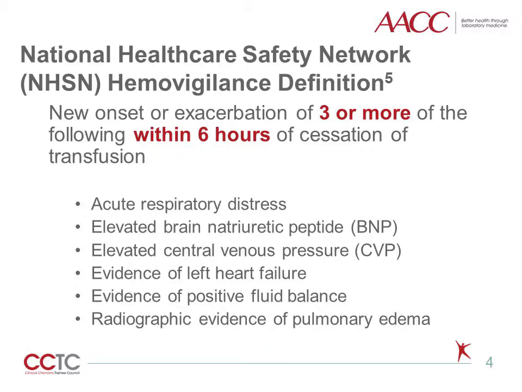Acute respiratory distress, defined as dyspnea, orthopnea, or cough, elevated brain natriuretic peptide, elevated central venous pressure, evidence of left heart failure, evidence of positive fluid balance, and radiographic evidence of pulmonary edema.